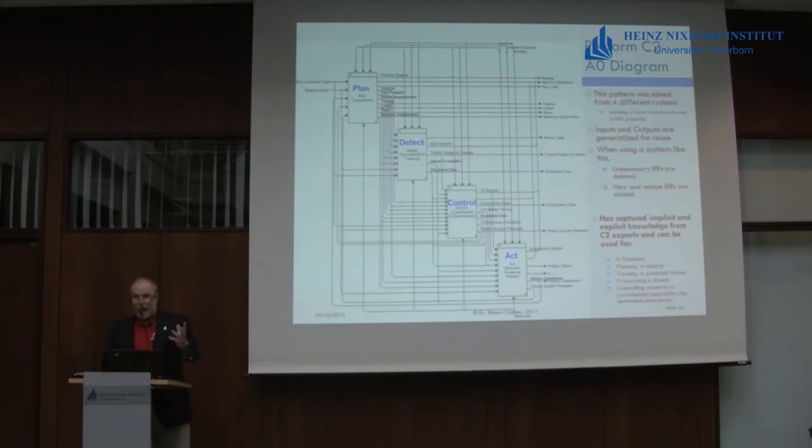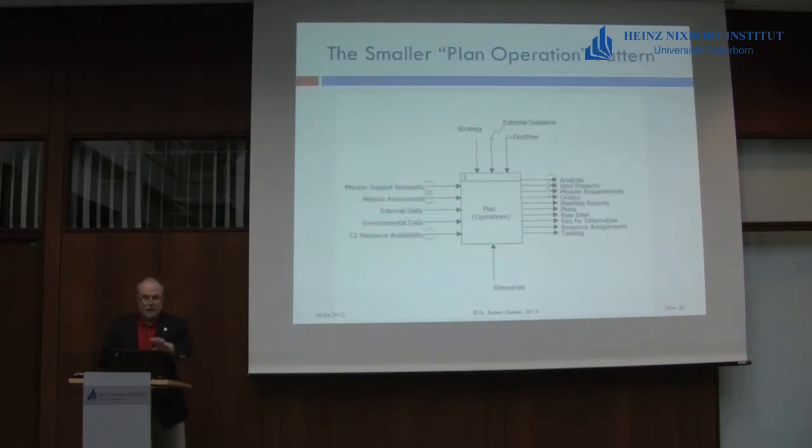So there's another notion within the patterns community called a pattern language. If you see here, you've got plan, detect, control, and act, or engage. I could argue that the plan part of that is a pattern in and of itself. I could have used the inputs and outputs and constraints and enablers for this pattern to plan today's event. It might have been overkill.